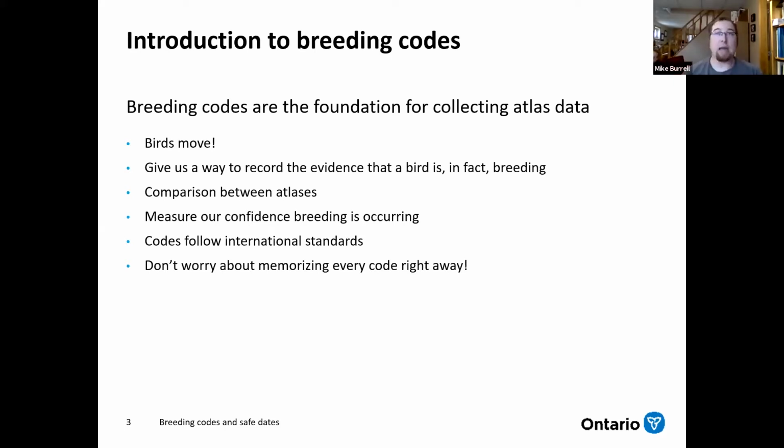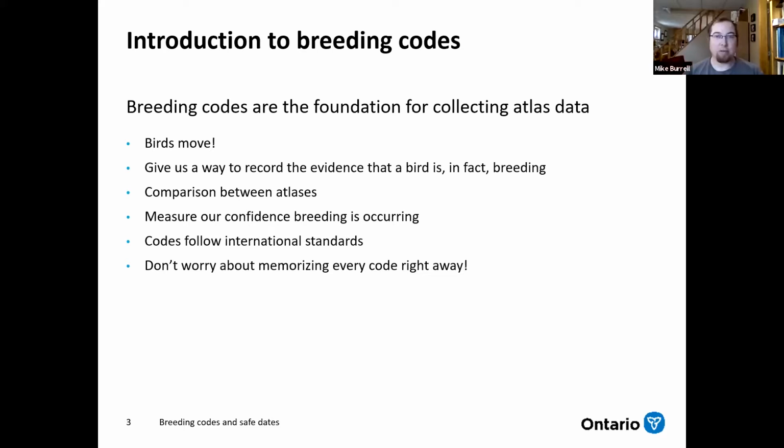It gives us a lot of ability to compare between atlases here in the province, but also between different atlases going on in different provinces or states or territories. And as Mike said in his presentation, these codes follow international atlasing standards. So they're not just random things that we made up to try to confuse everybody.